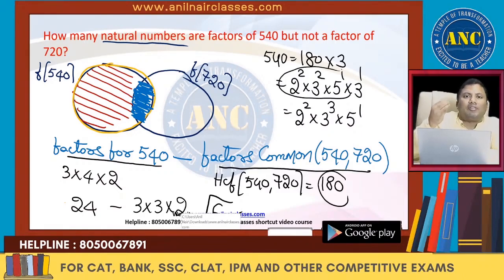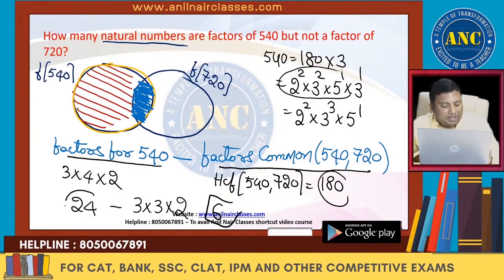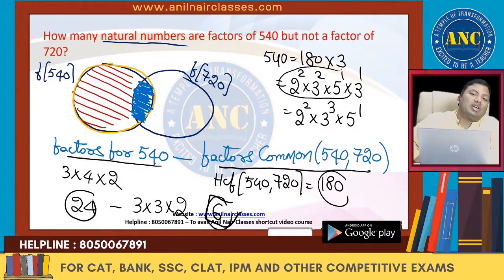What do you call the factor which is common to 540 and 720? That is nothing but 180. Factors of 540 is 24, factors of 180 is 18. So the answer is 24 minus 18, which is 6. I hope the idea is clear.